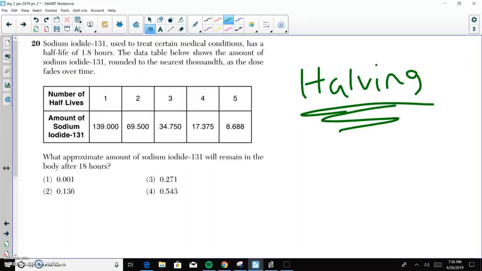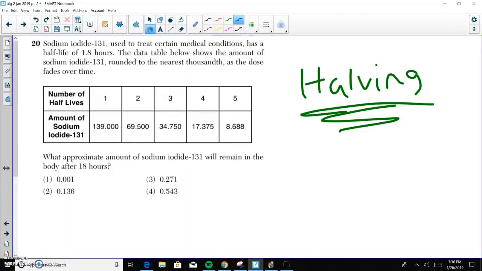It's decaying exponentially because it's going to be half, half, half, half. It's going to be half of this value, then half of this value, then half of that value. So that's why we're using exponential decay.